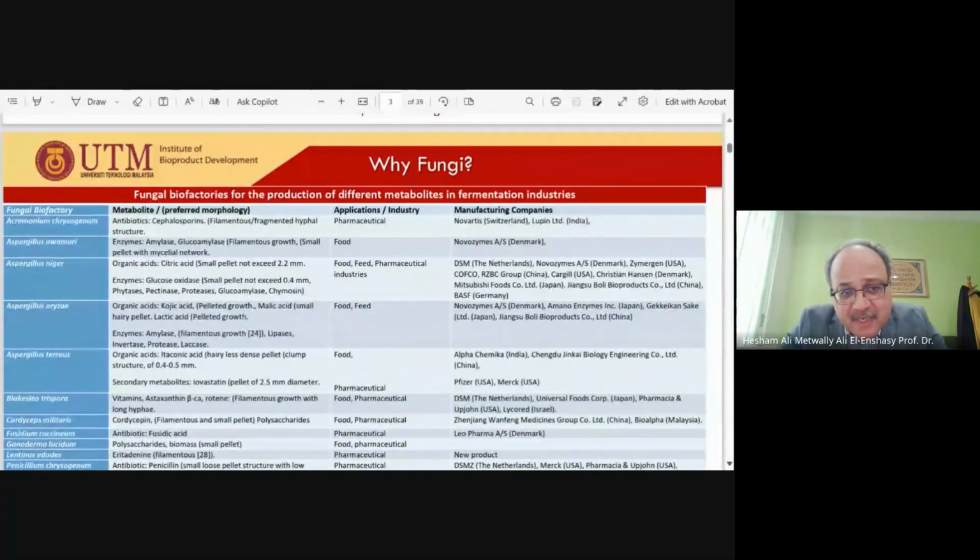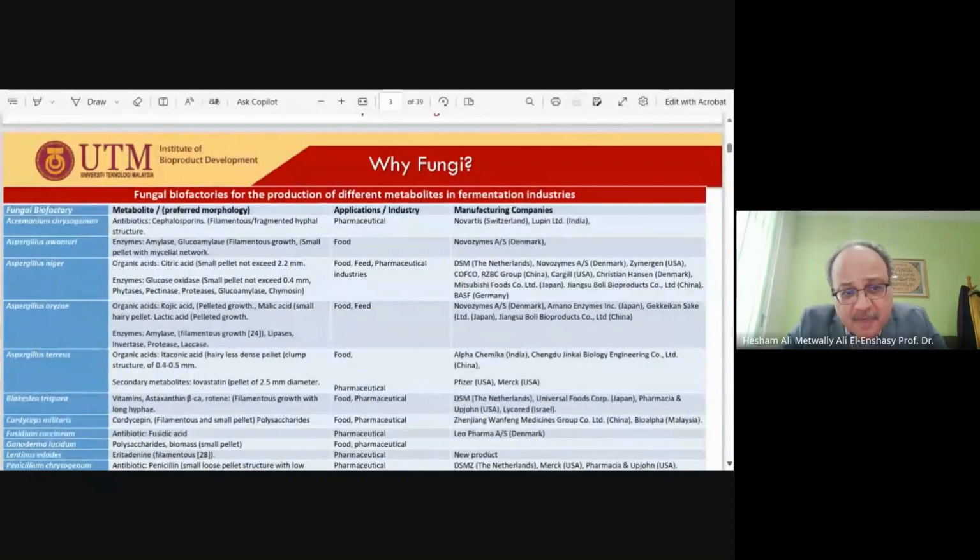Aspergillus awamori is a biofactory for many food enzymes like amylase and glucoamylase. They need to be in a filamentous growth and small pellets with a mycelial network, based on the literature. And it's the process of Novozymes in Denmark.